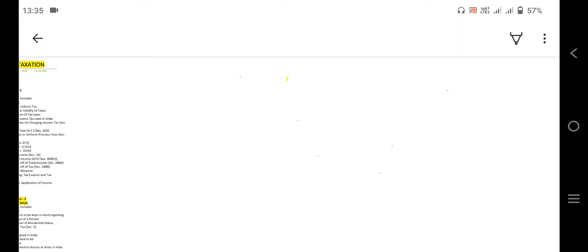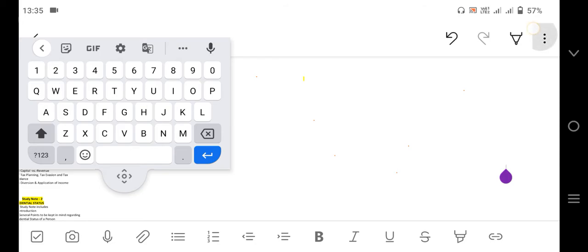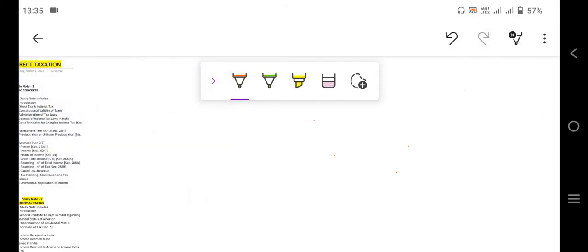Subsidy: assistance in the form of subsidy, grant, cash incentive, duty drawback, waiver, concession or reimbursement, by whatever name called, by the central government or state government.